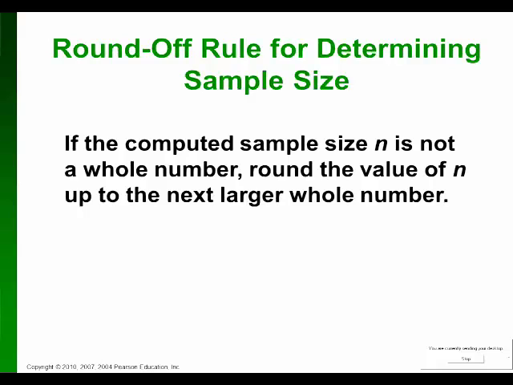So rounding down to 51 is going to make me maybe only 94.9% confident. If I want to be at least 95%, then I'm going to have to round up to the next whole number. No matter what is in the tenths place, round up to the next whole person, because we can't interview a half a person or a third of a person.